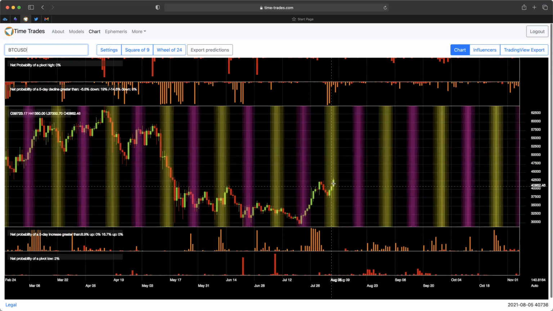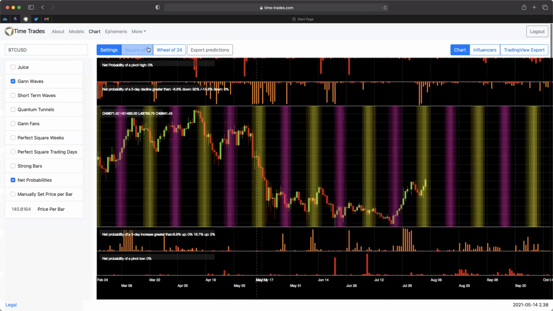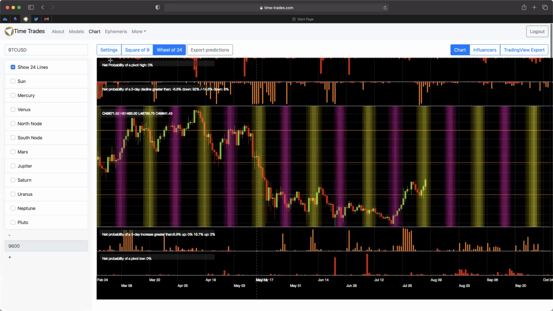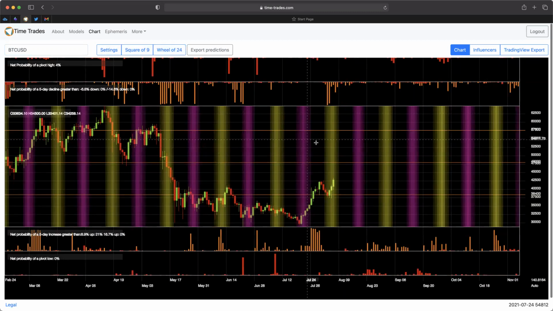What we could see is a continued move up, and I'll turn on 24 lines here. Well, I think what is more likely is a continued move up into an area between these two 24 lines. At this point, we're sort of halfway to the next 24 line at 48K.